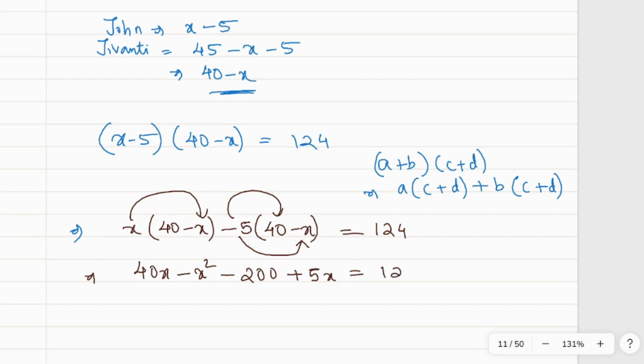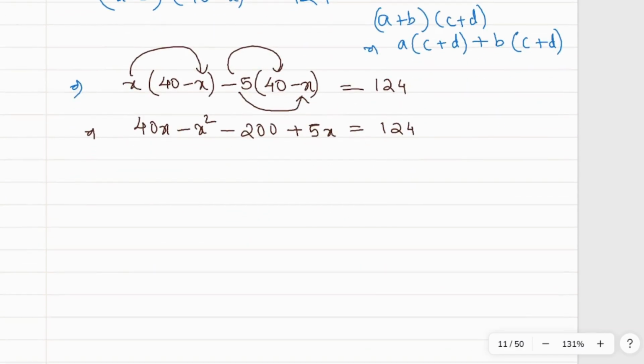It is equal to 124. Now I will take these two terms common and first arrange minus x square, then plus 45x minus 200 equal to 124.